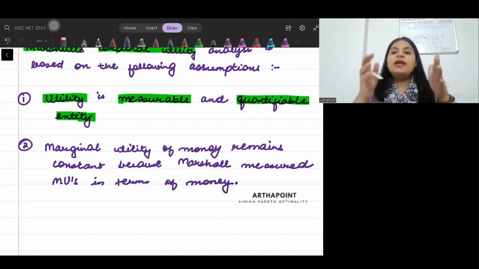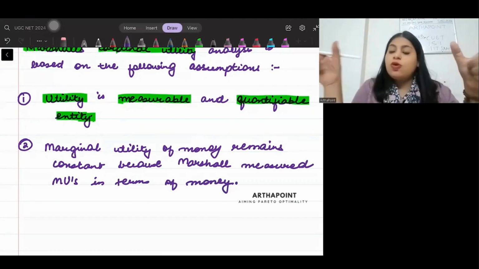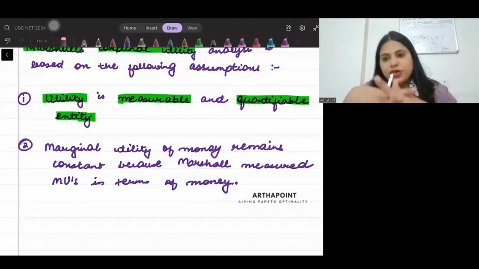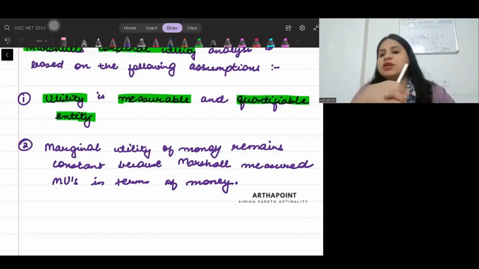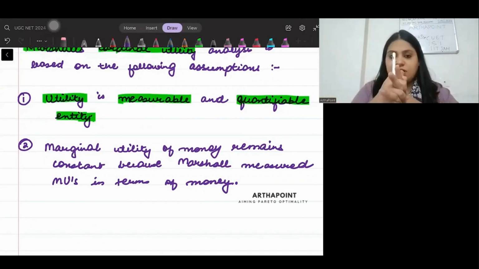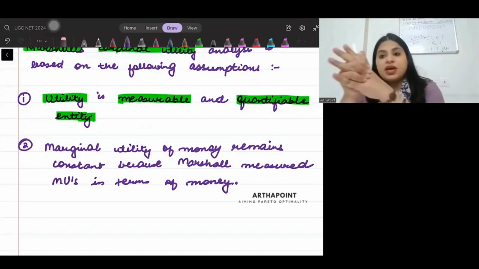But Marshall ने हर marginal utility को, every marginal utility was measured in terms of money. Just for example, if you tell me how much marginal utility I get from TV, I will give it in terms of money. How much marginal utility I get from table, I will get it in terms of money. So, a marginal utility itself is measured in terms of money.